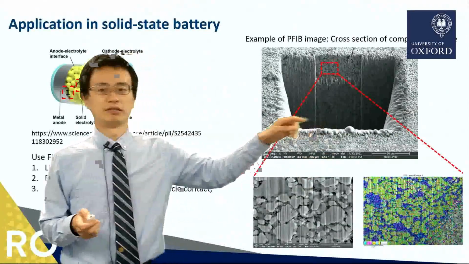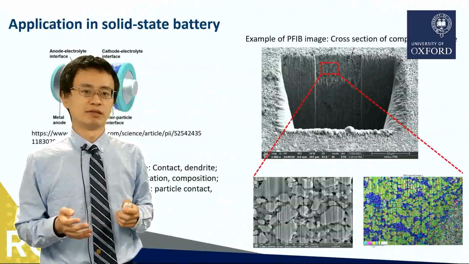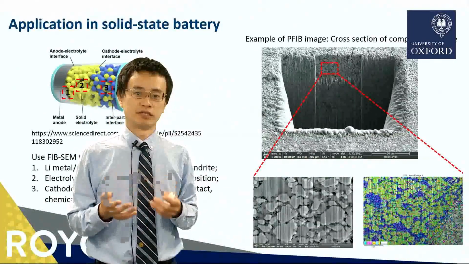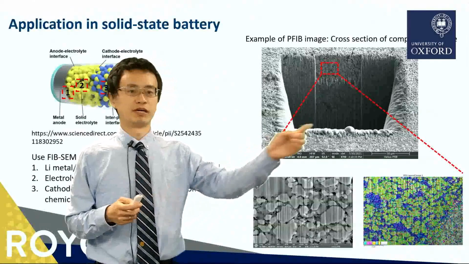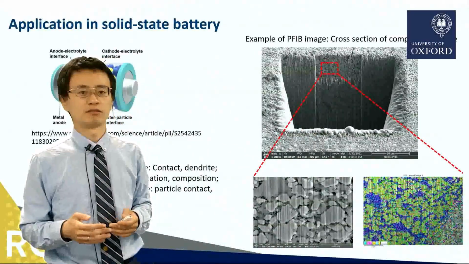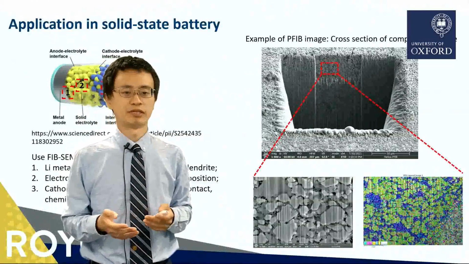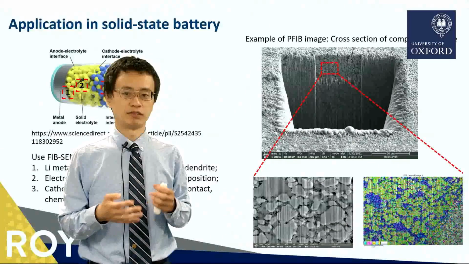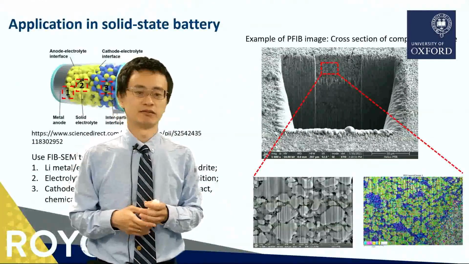The big hole is cut by the ion beam, and we also use the ion beam with a smaller signal strength to create the flat surface here. And after we generate a flat surface, we use the electron beam to test the morphology, and also we test the chemistry of the surface by EDX signals.